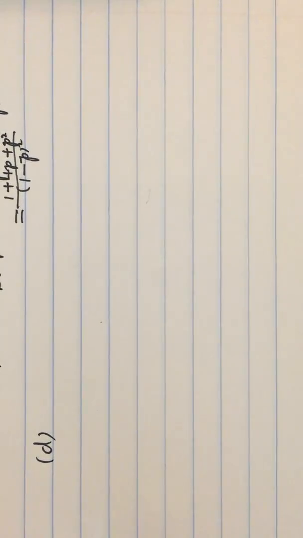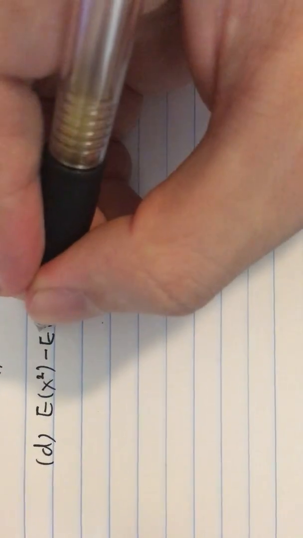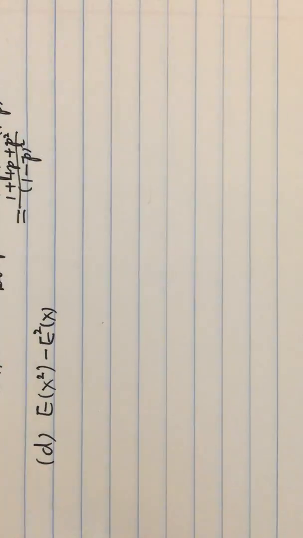Then let's see problem number D. We need to find E[X^2] minus (E[X])^2.